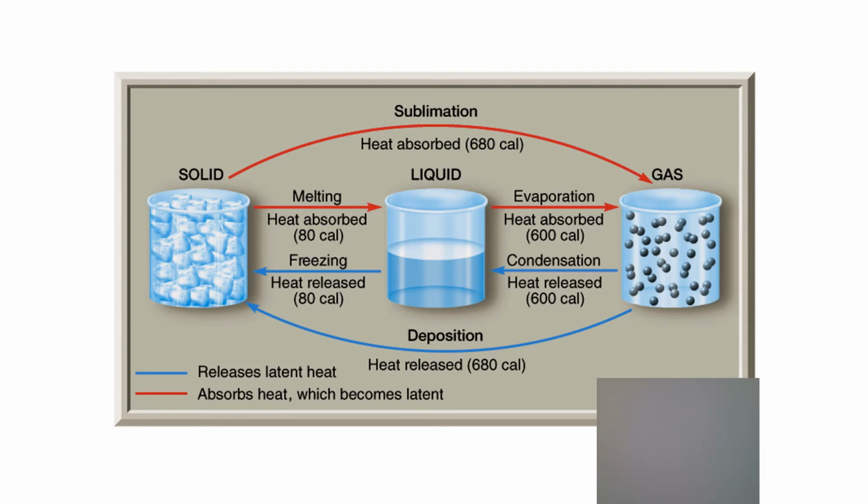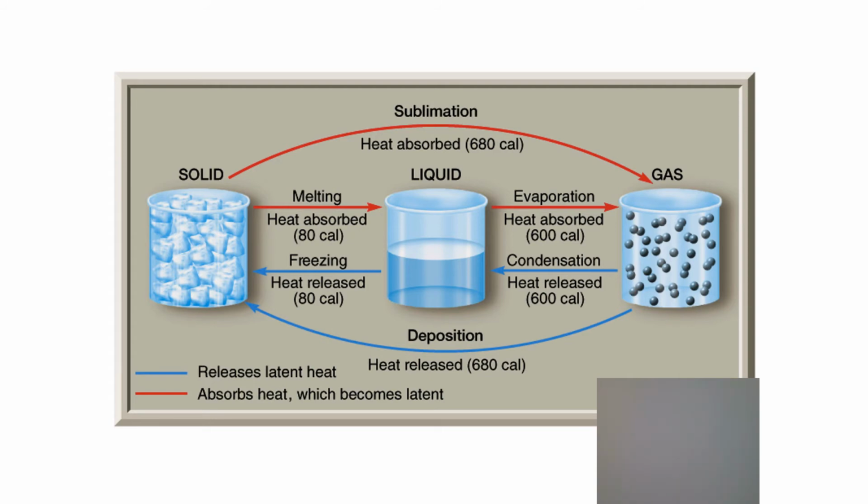Now, if we're at 0 degrees Celsius and we need to get to 100 degrees Celsius to vaporize the water, then taking it 1 degree at a time, that liquid has to absorb 100 calories of energy. So we got 80 to get from the solid to the liquid. Then from 0 to 100 in the liquid, we have 100 more calories.